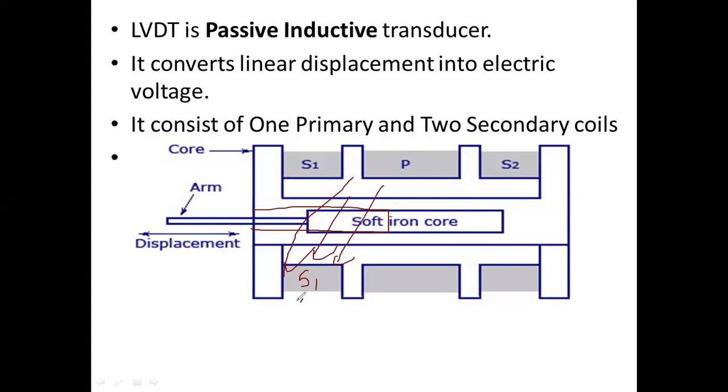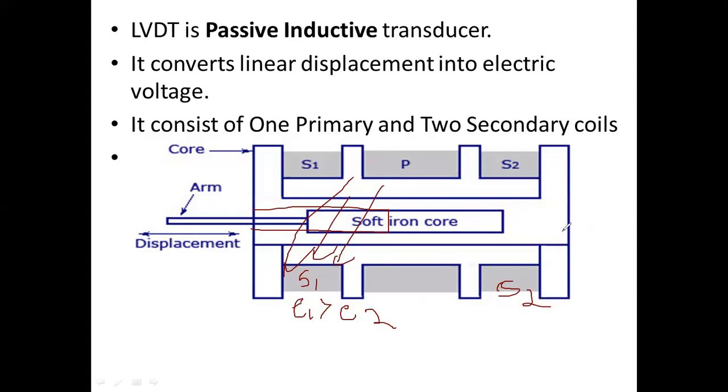So the EMF induced in E1 will be greater than the EMF induced in the S2 coil, E2. So E1 is greater than E2. In that situation, the soft iron core is on the left side of the null position. Null position means center; otherwise it is on the left side or the right side, and we can identify that.